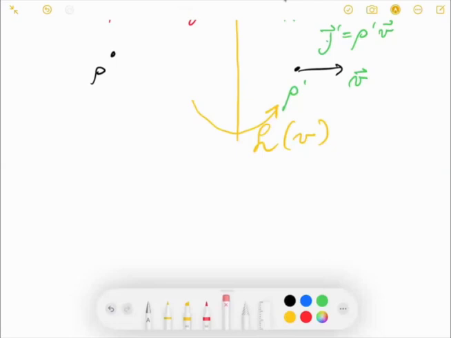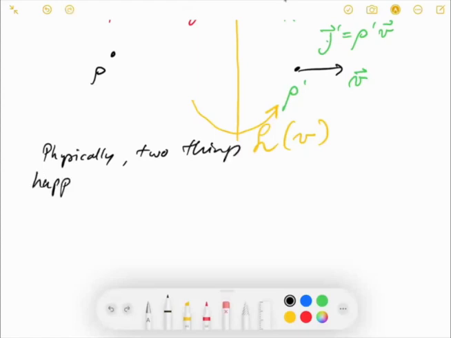So I'm going to write that down. Physically, two things happen when we take the Lorentz transform from K to K prime.